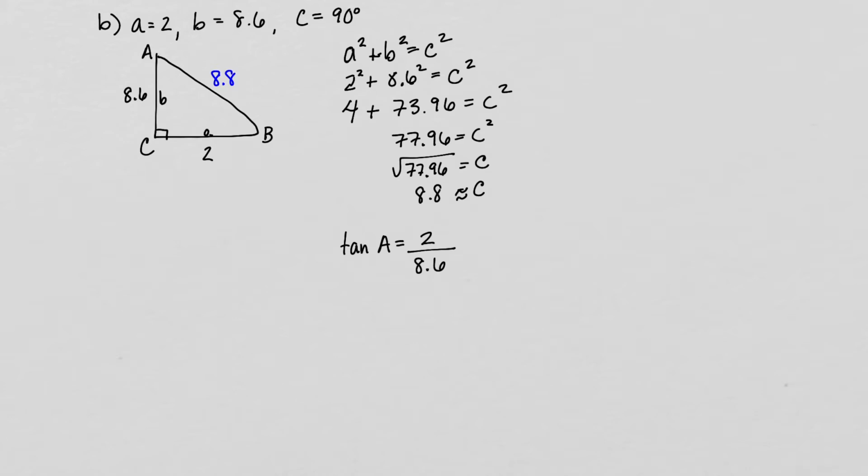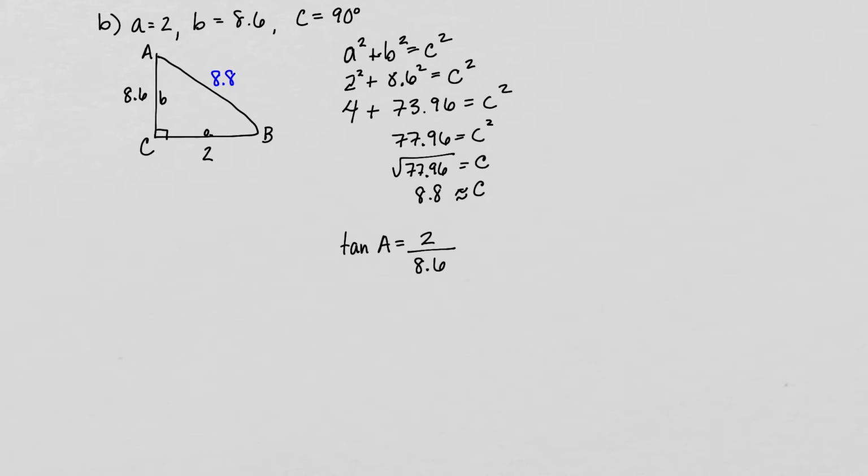Okay, so I have a relationship. How am I going to get the A out of that? What do I need to do to untrap that A? Not multiply tangent on both sides.